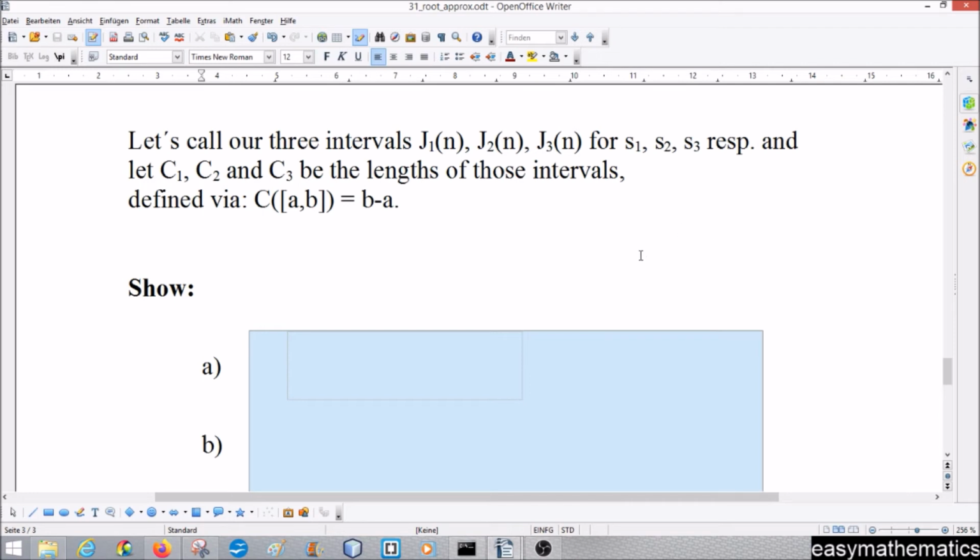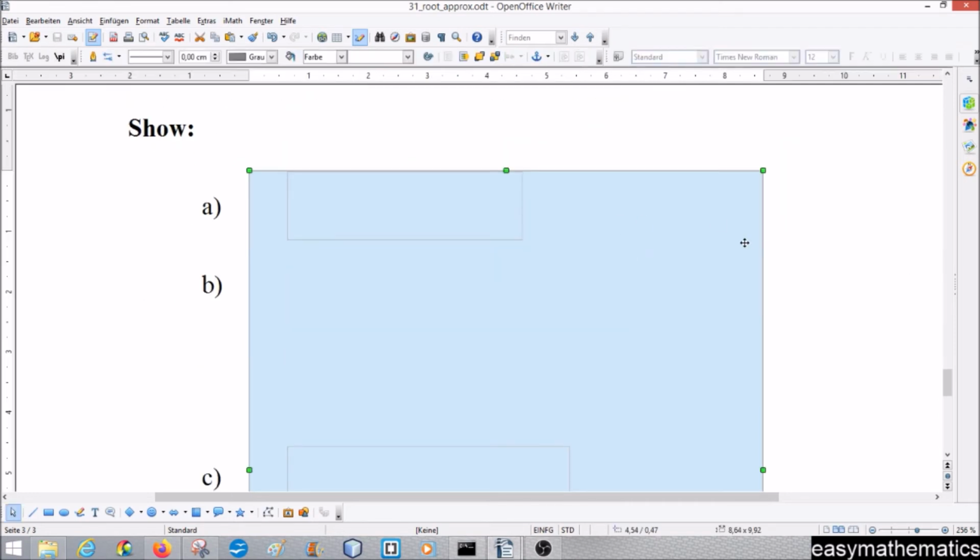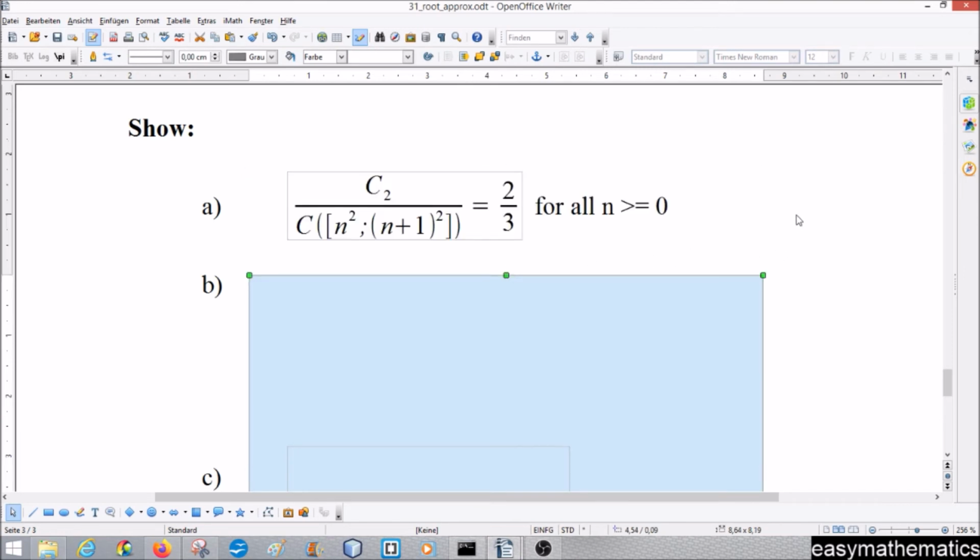Okay? So show the following. First, a. Like Pixie Easy already said, c2 over the cardinality of n squared up to (n plus 1) squared is 2/3 for all n greater or equal to 0.